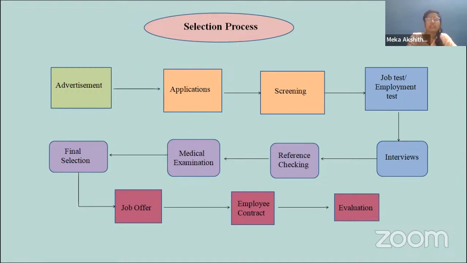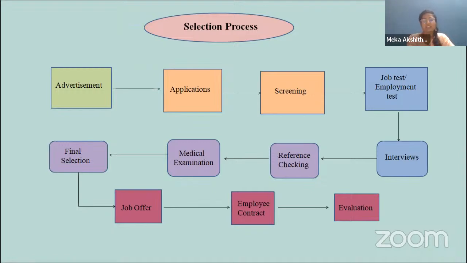After getting selected, you would receive the job offer. Even at the final selection stage, for example, if the number of posts is 50 and you have 100 candidates finally qualified, you would look for the most eligible candidates and send the job offer to them.